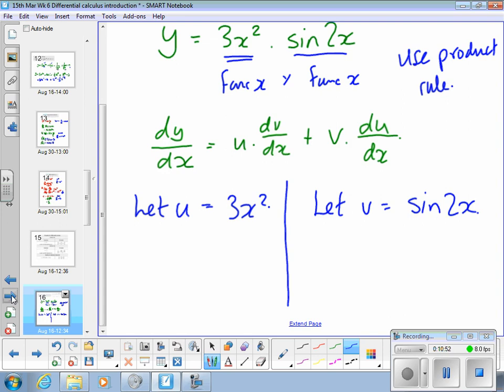Then what we need to do is differentiate both, i.e. find du by dx and dv by dx.